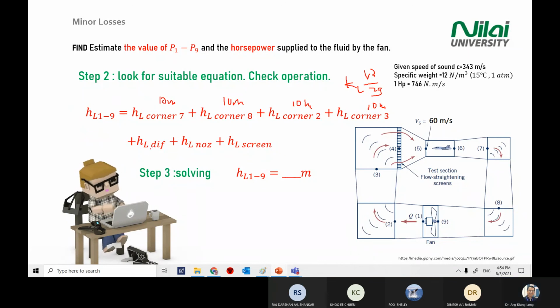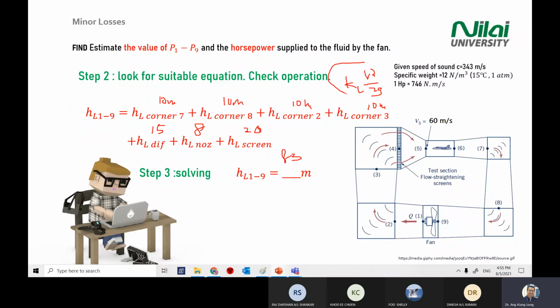Then this one you also calculate, let's say you get 15. Nozzle, let's say you get 8. Screen, let's say you get 20. So you add all the numbers: 10 plus 10 plus 10, you get 40 and so on, 60, 68, 78, 83. For example, you add all these numbers, you get 83 meter. Okay, so that is an important formula for calculating HL.